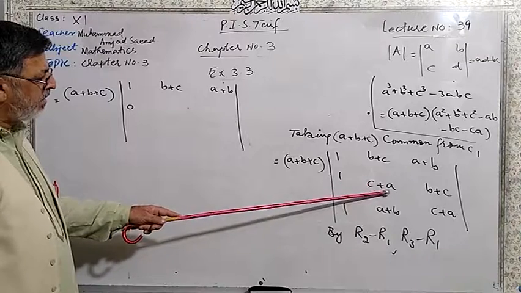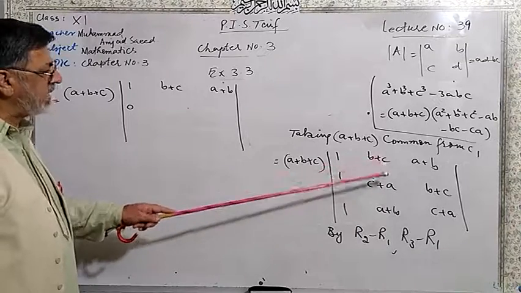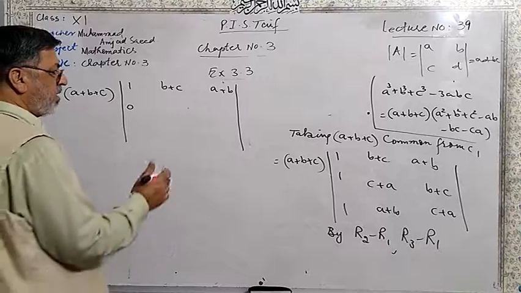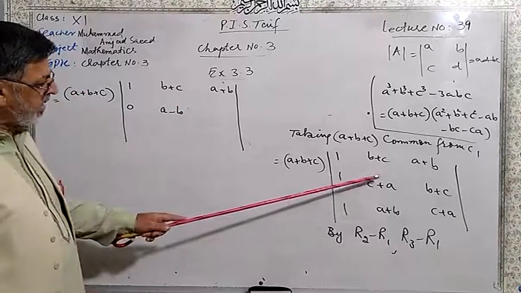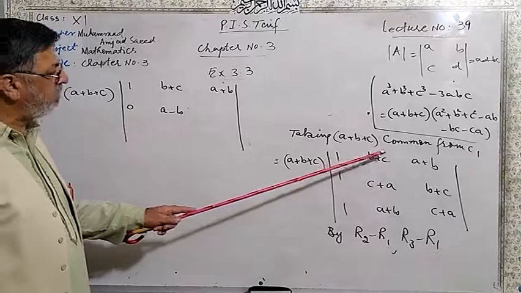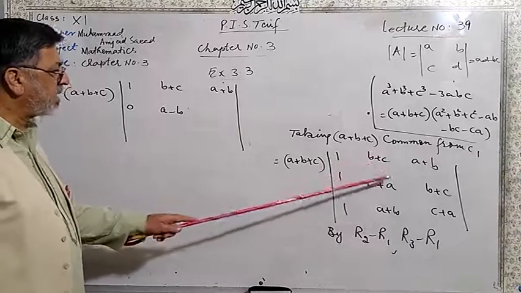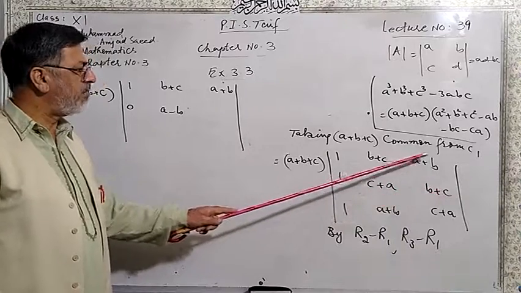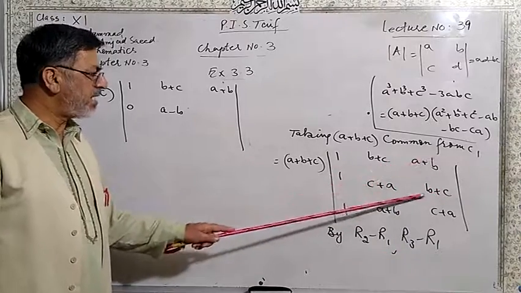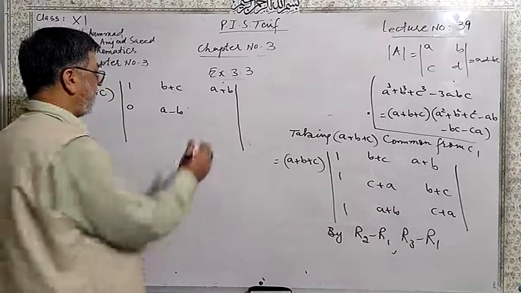C plus A minus B minus C, C cancelled out, so we are left with A minus B. Similarly, B plus C minus A minus B, B cancelled out, we have C minus A.